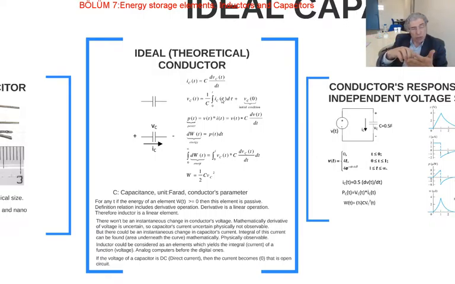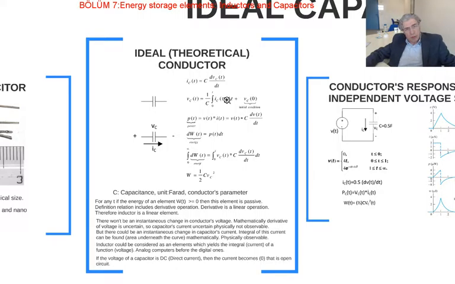The integral of the summation of two functions is equal to the summation of each function's integral. So that is the definition of linearity in mathematics. Since the definition relations of these elements are linear relations, these elements are called linear elements as well.